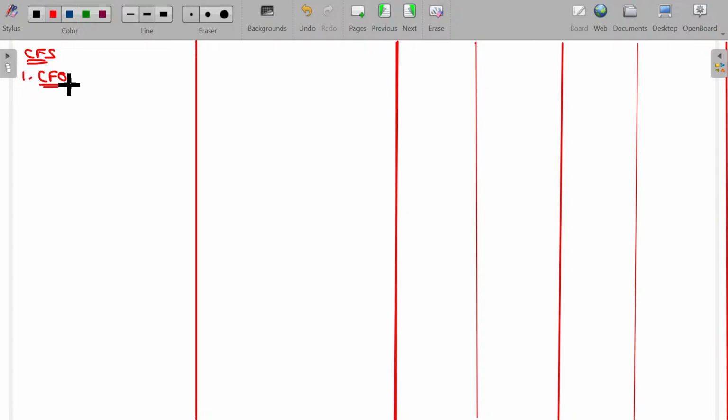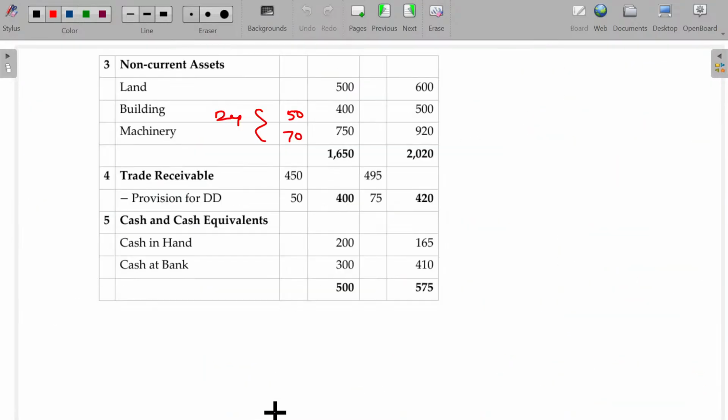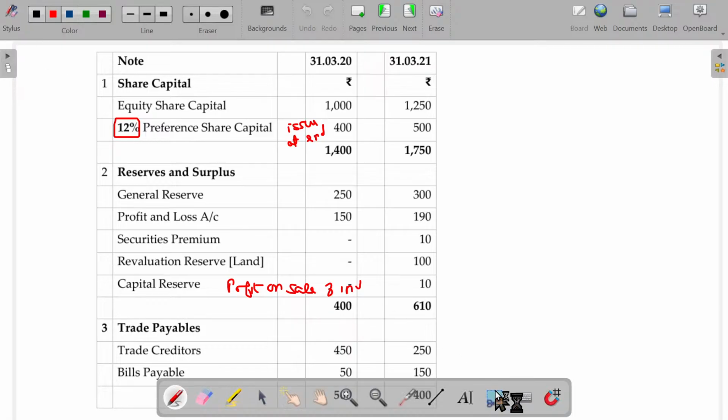Cash from operations, cash from investing, cash from financing. Add 1, 2, 3, add opening cash, you get closing cash. I'll start with schedules number 1 and 2.